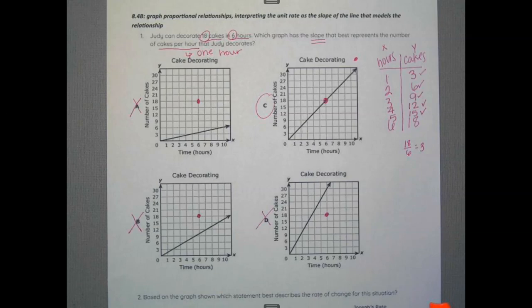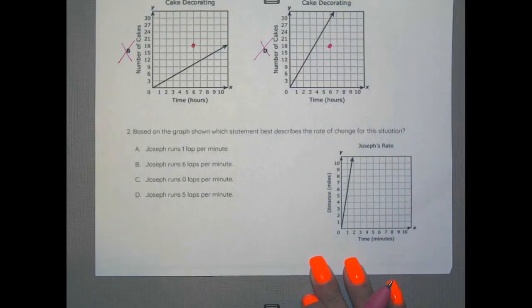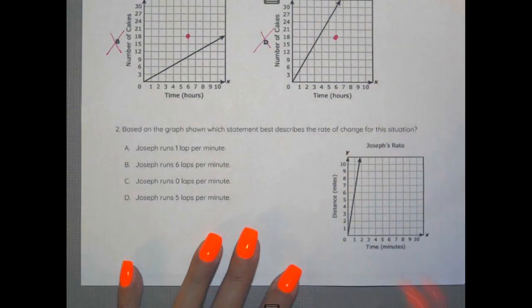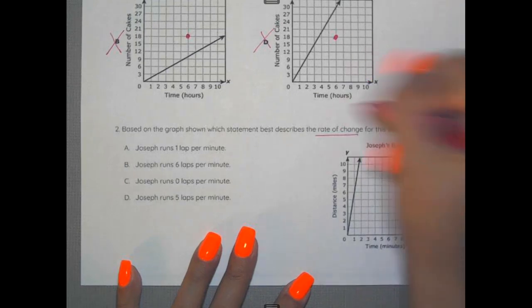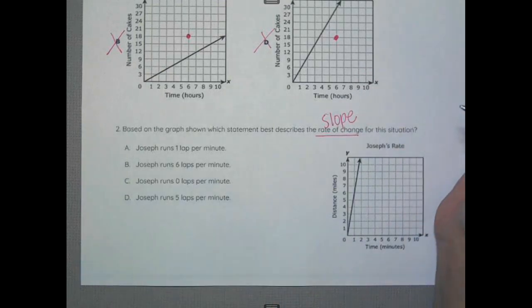Okay, so we're going to move on to example 2 now. So example 2 says, based on the graph shown, which statement best describes the rate of change for this situation? And one thing that we need to remember is that rate of change is another word for slope. Okay. And when I look at my answer choices, I'm just going to read through them to start.